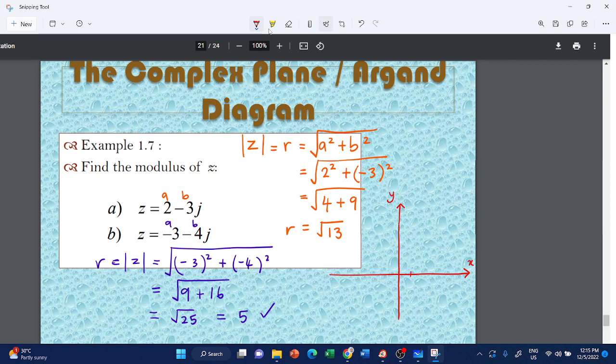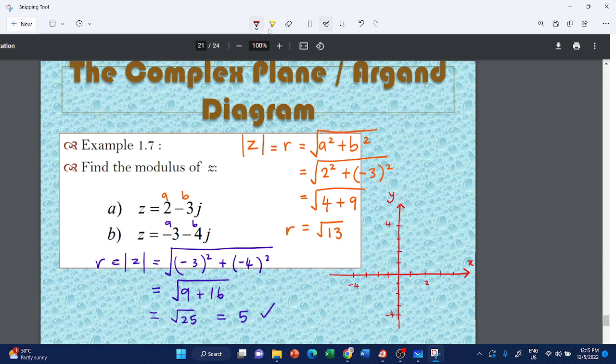Okay, let's see the first one, A. Here, X is 2, A is your X, B is using the 1.